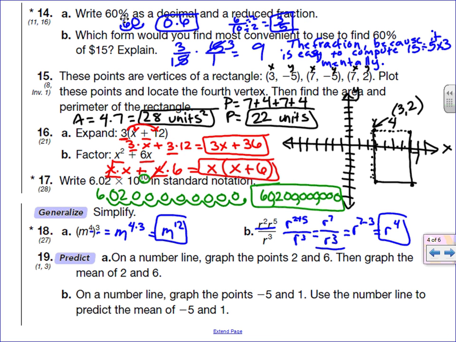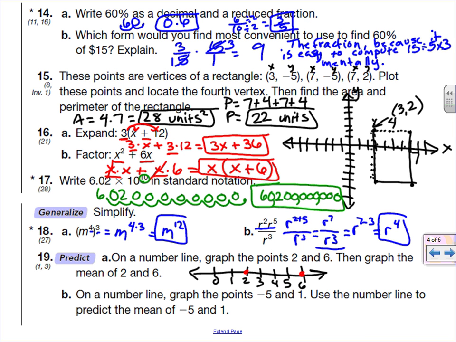On a number line, graph the points 2 and 6, then graph the mean of 2 and 6. So a number line, and I have 0, 1, 2, 3, 4, 5, 6. So if I'm going to graph 2, put a dot right there on the 2 spot and a dot on the 6 spot.